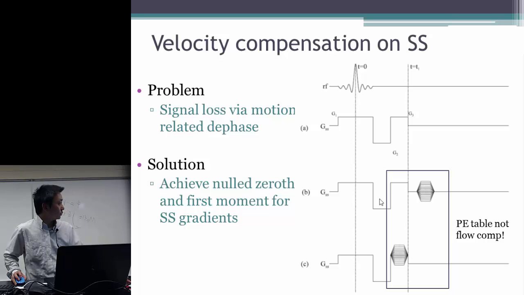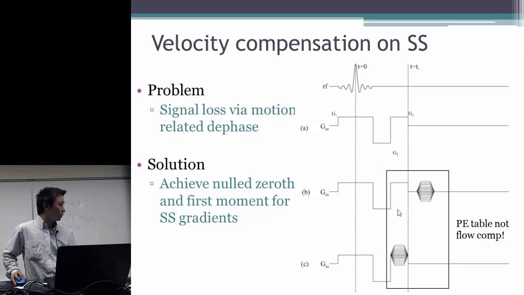But for the 3D case, if we also play it out like this, then we need to insert a partition encoding gradient table. But because this play out by itself is already first moment nulled, by inserting an extra partition encoding table, that means this partition encoding table will not be flow compensated.